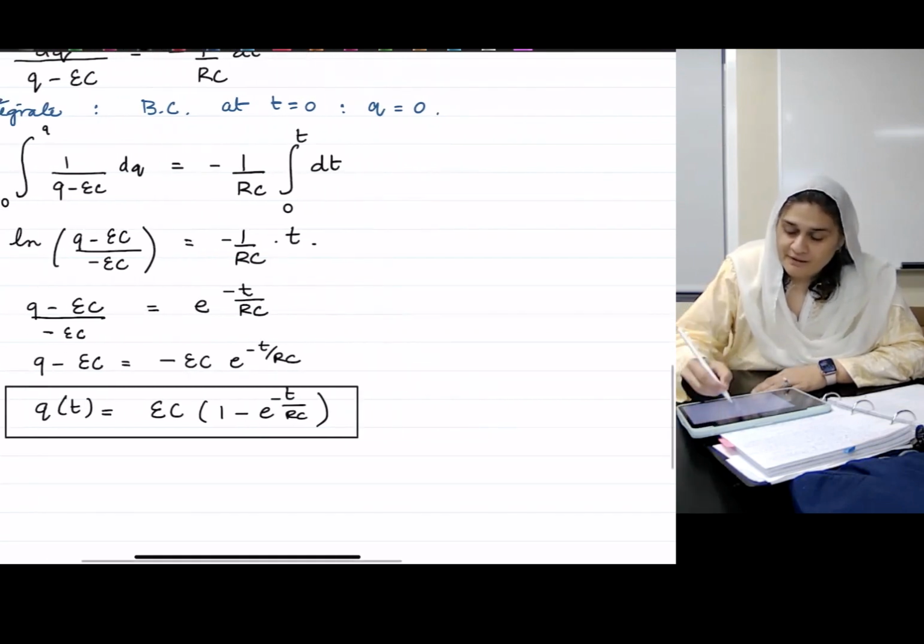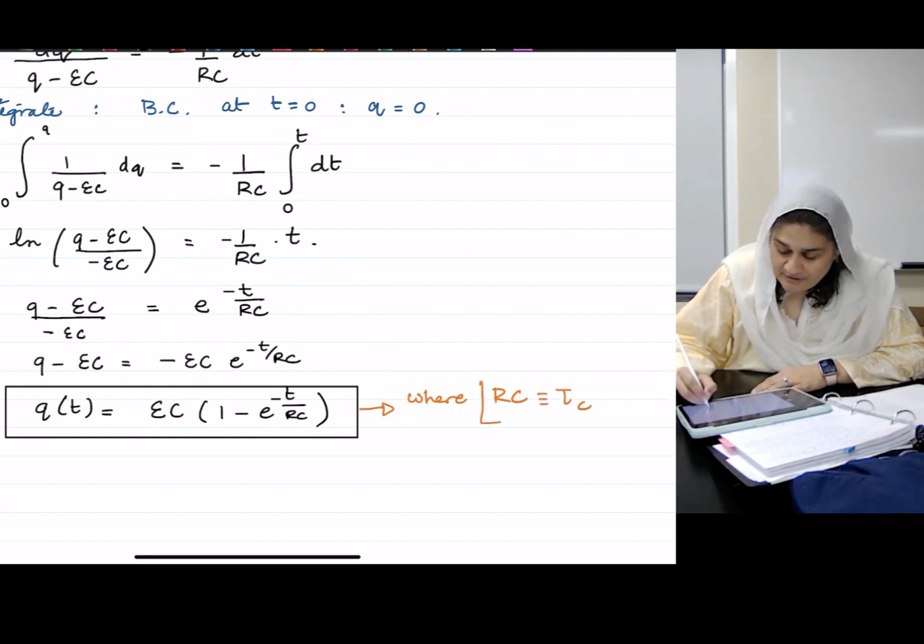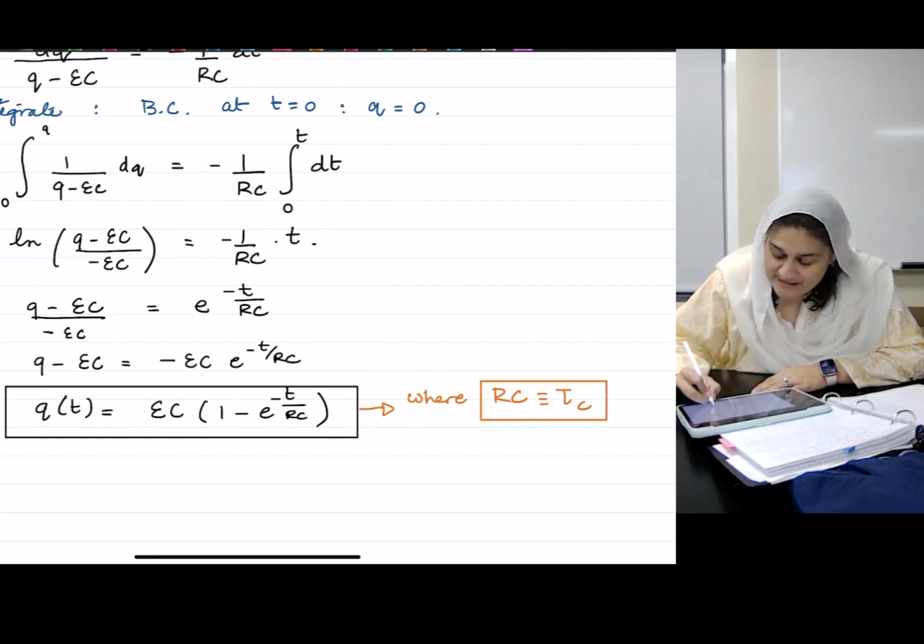Where, if you note, RC is defined as the capacitive time constant.